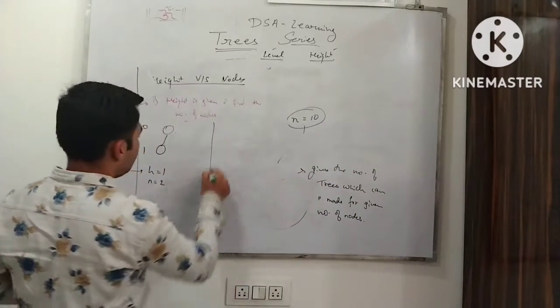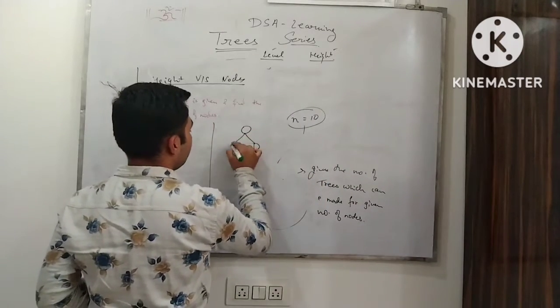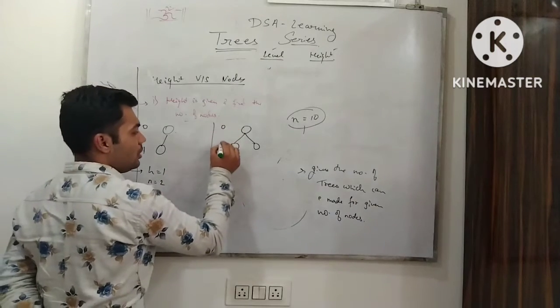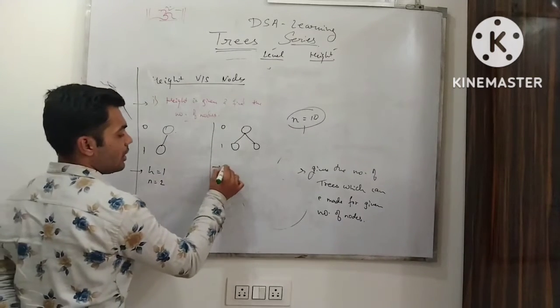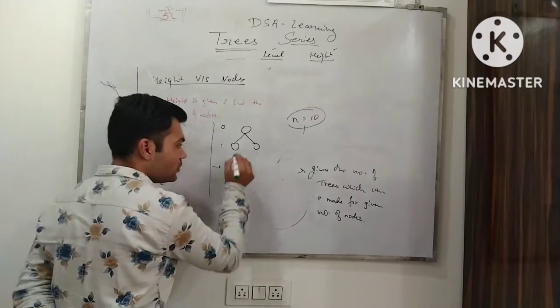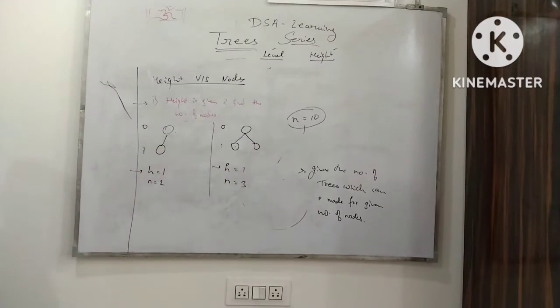If I draw another tree like this, what's the height here? 0 and then 1. Again the height is the same, 1, but now the number of nodes is 1, 2 and 3. The number of nodes is 3.